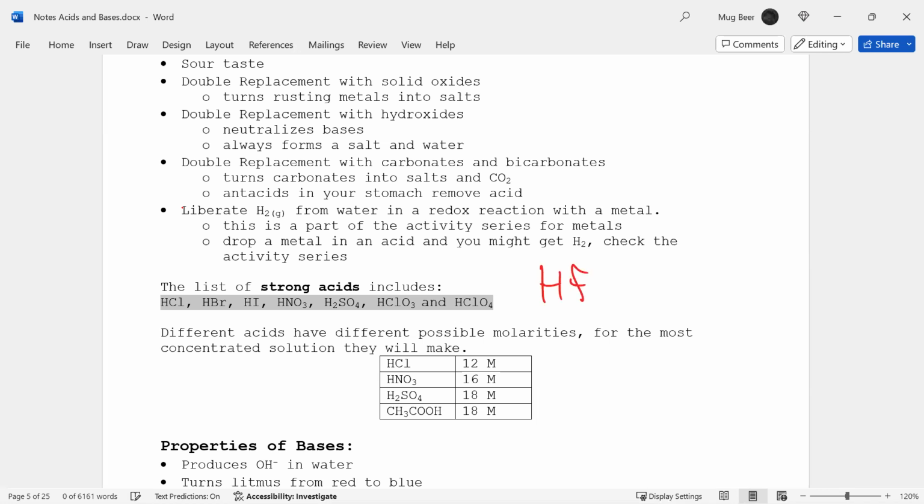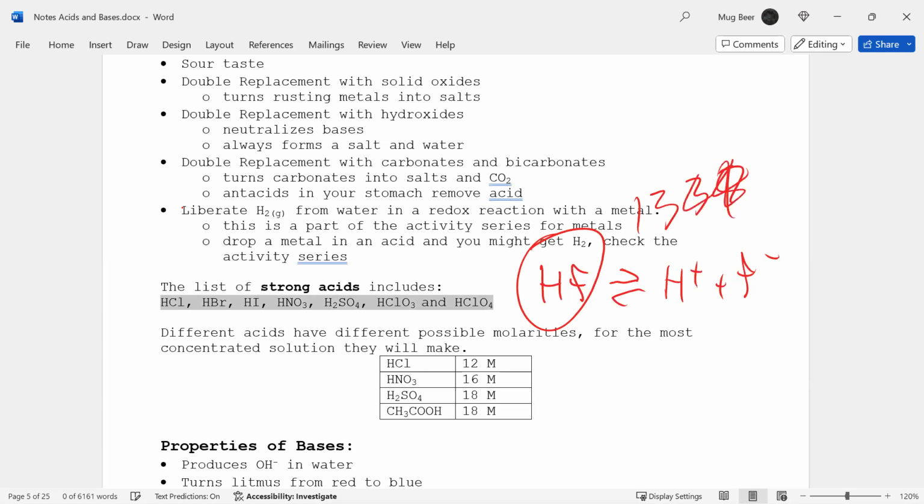We use this in the equilibrium examples. Over 1,300 of these weak acids, when they go into water, stay stuck together as HF. And for every one H plus and F minus, there are many more HF. So they like to be stuck together.